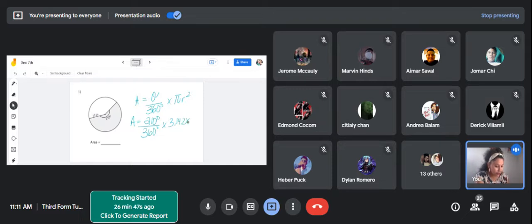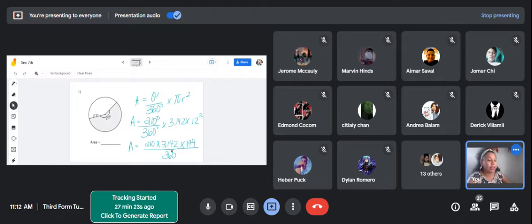What is the radius? 12 inches. 12, and the radius is squared, so 12 squared. If you want to make it a little bit simpler, we can do 210 times 3.142 times, what is 12 times 12? 144, very good. All divided by 360.